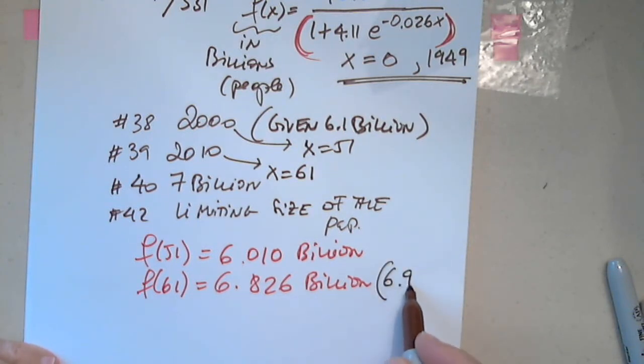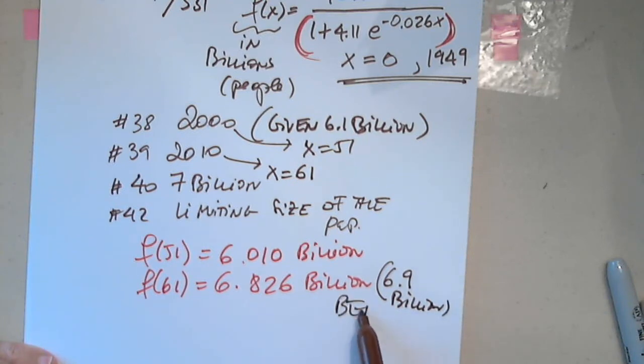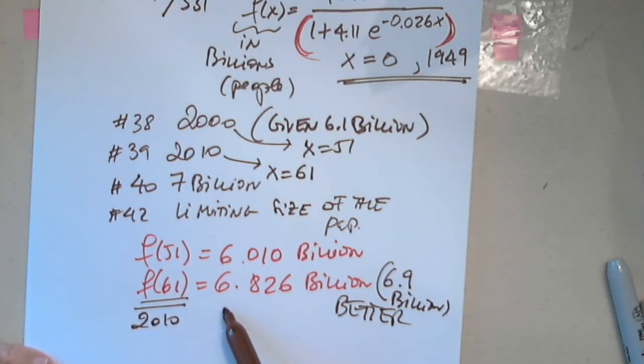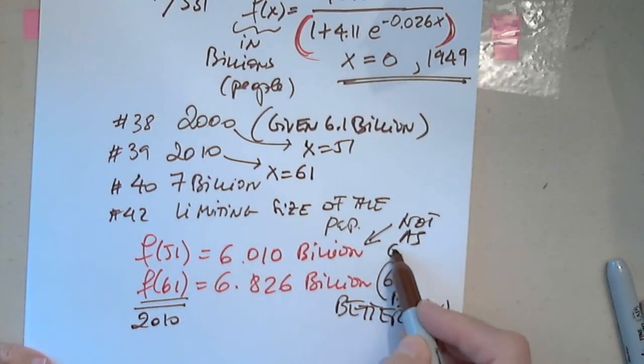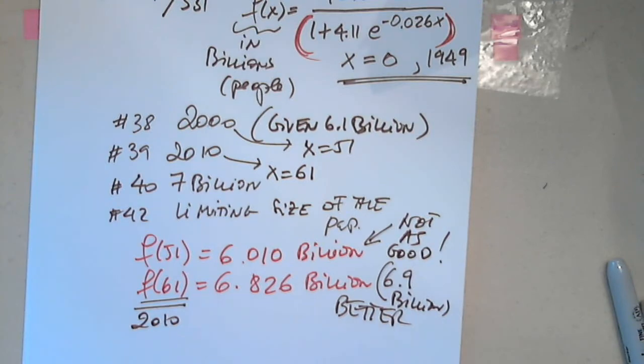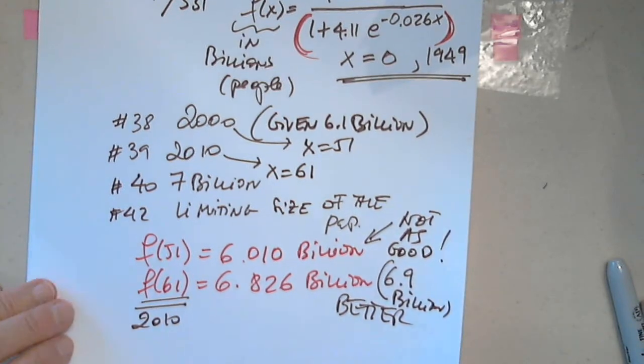But now for 39, they are telling us that for 61, the actual is 6.9. So this is much better. For 2010, the model is much better than for 2000. Not as good for 2000, but it works for 61.